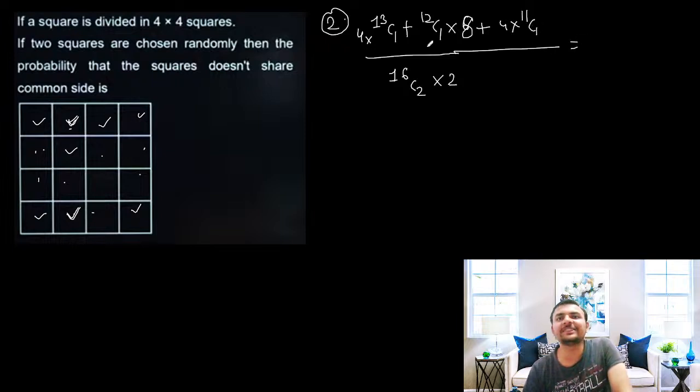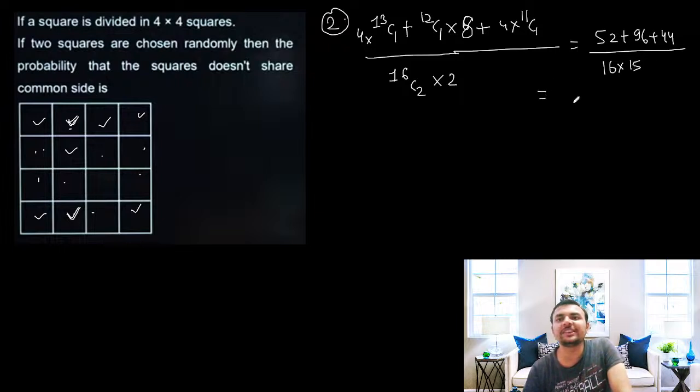So this is the answer. 13 4s are 52, 96 plus 44 upon 16 into 15, and 2 cancel.